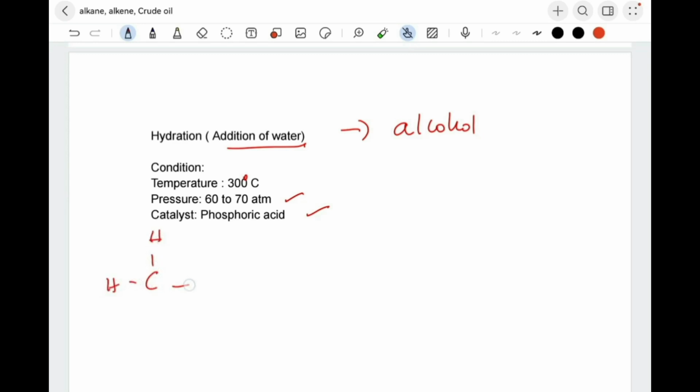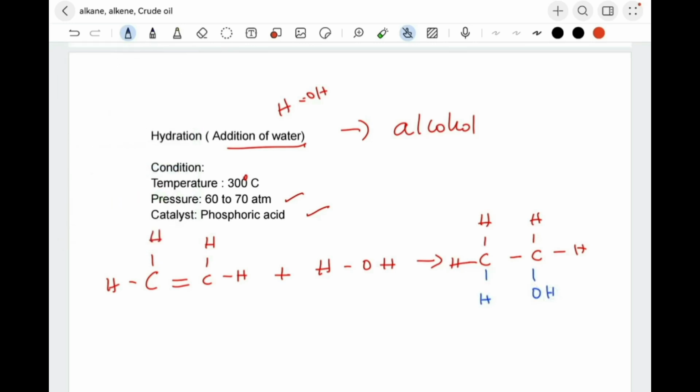CH2 double bond CH2 plus water can be written as HOH, right? So HOH will give CH single bond CH, break the double bond and add OH and H to the carbon, H and OH. The name of this compound is ethanol. Here the water is in steam state. Okay. Here this is ethene.